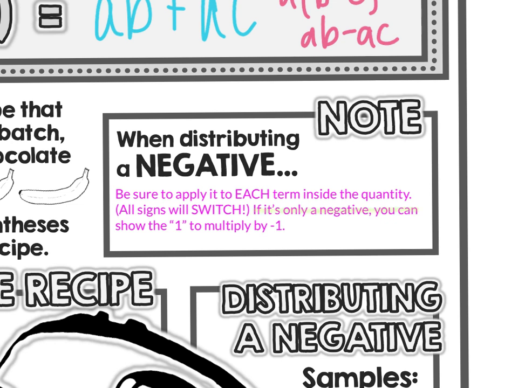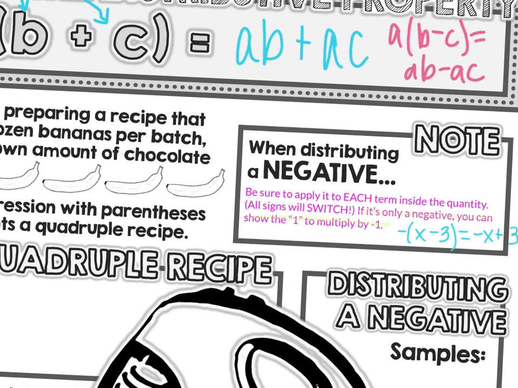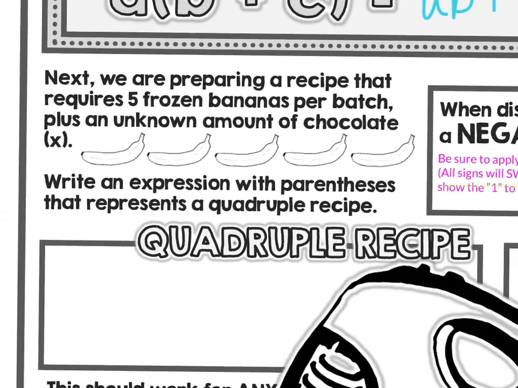So that's something to keep in mind too. What that would look like is negative times x minus 3. Really, it's going to just change each sign, so x will become negative x and 3 will become positive 3.